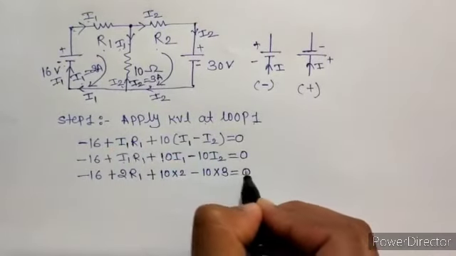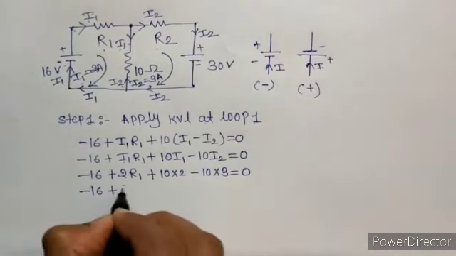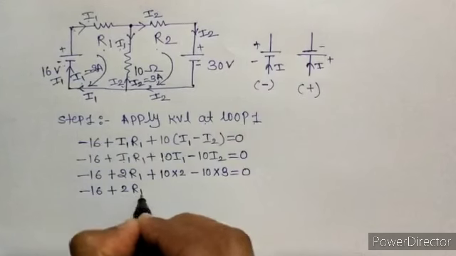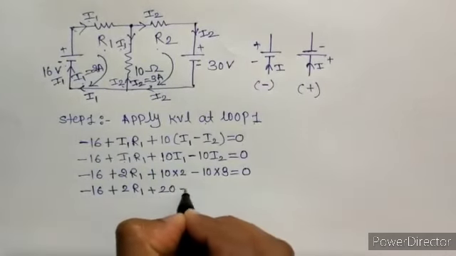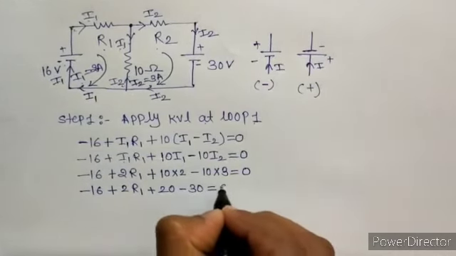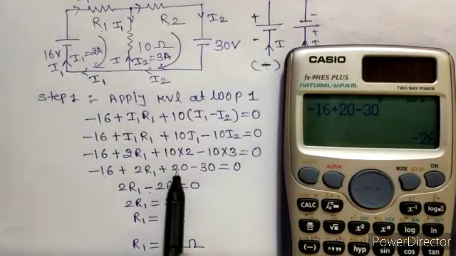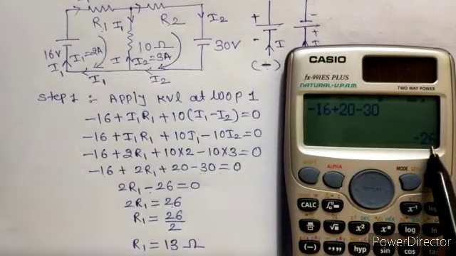Is equal to 0. Minus 16 plus 2 into R1 plus 10 into 2 is 20, minus 10 into 3 is minus 30. Minus 16 plus 20 minus 30 is minus 26.